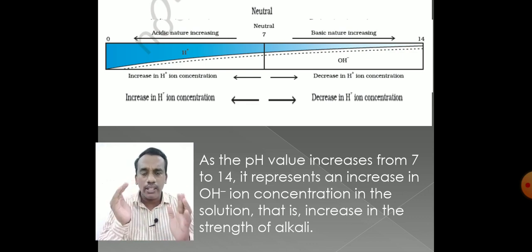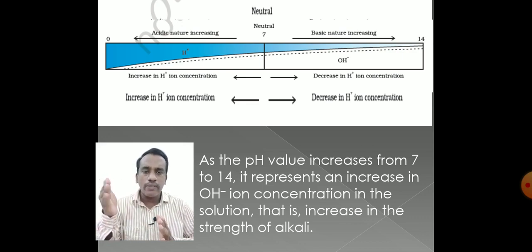So come to the final conclusion. In the pH scale, we have values ranging from 0 to 14 and also exactly 7. 7 means the exactly neutral compound. When you come to 0, that will give more H plus ions, so they are strong acids.